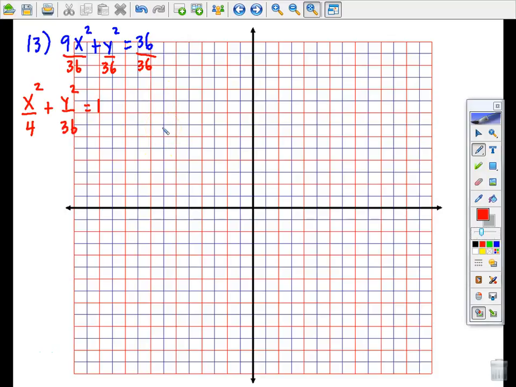All right, and so we're ready to graph just like we did before. The square root of 4, 2, negative 2, on the x-axis, the square root of 36, 6, negative 6 on the y-axis. Draw your oval shape.